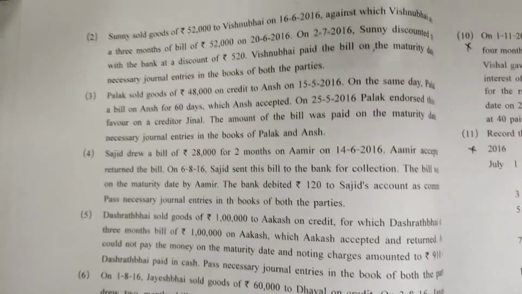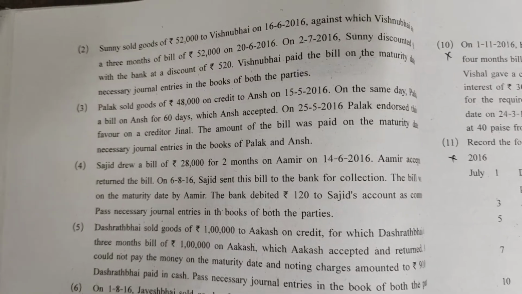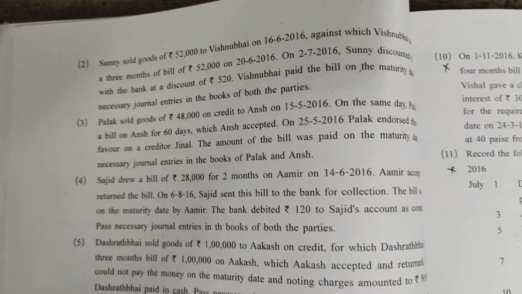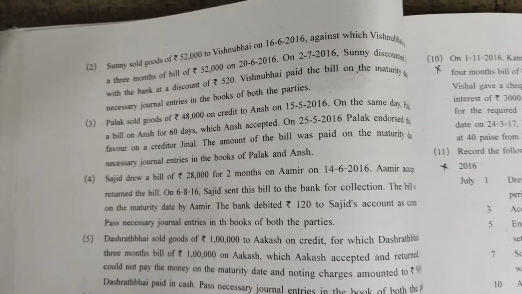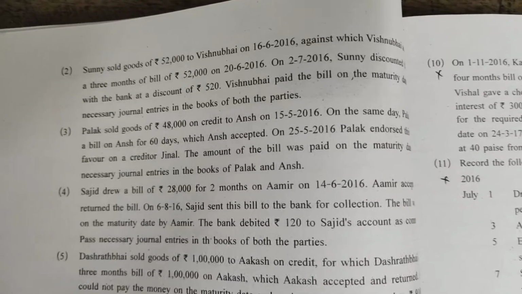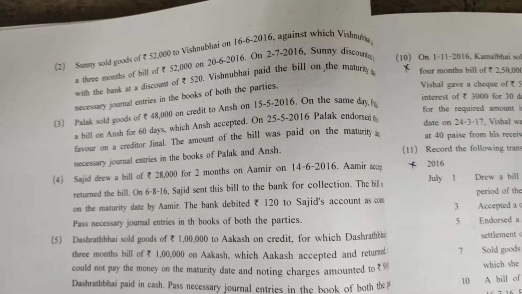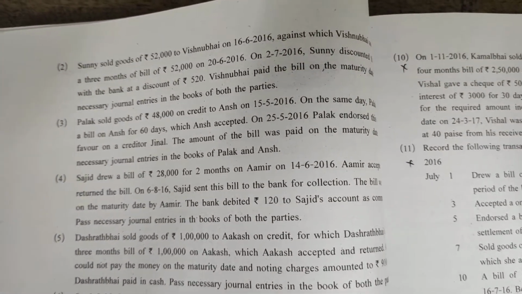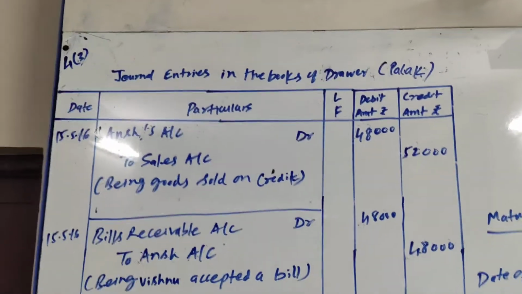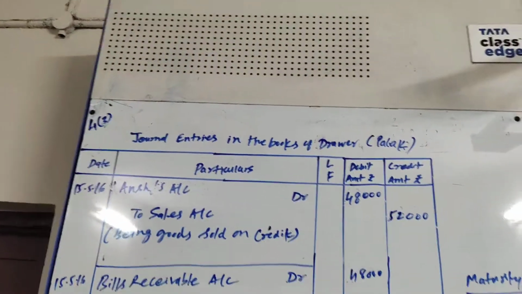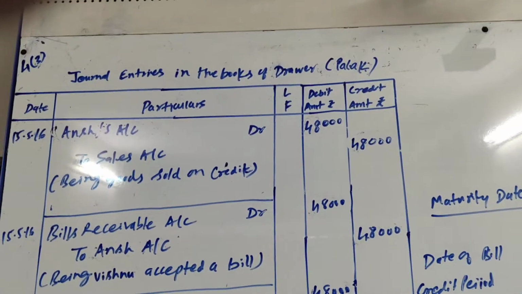So friends, again we need to pass entry in books of both purchaser and seller. That is, purchaser is Ansh, who is also known as drawee, and seller is Palak, who is also known as drawer. Right? So on 15/5/2016, goods of rupees 48,000 are sold. So in the books of Palak, that is drawer, Ansh account debit to sales account, being goods sold on credit 48,000.